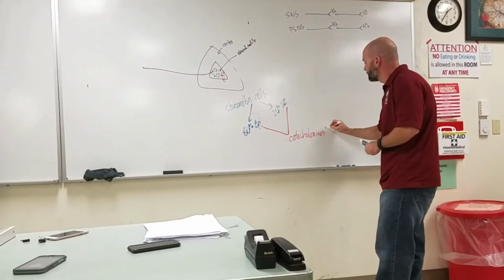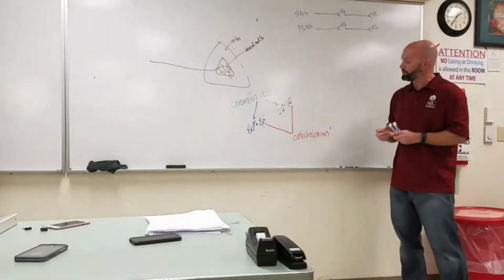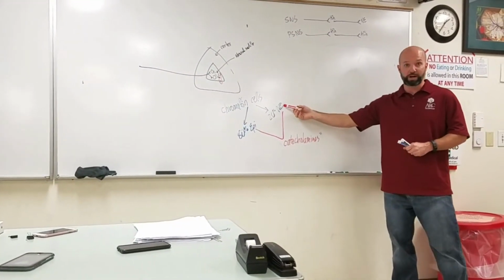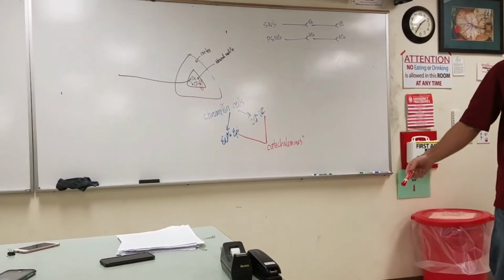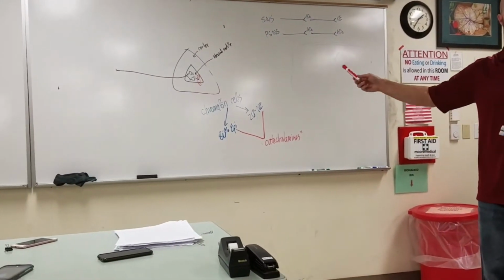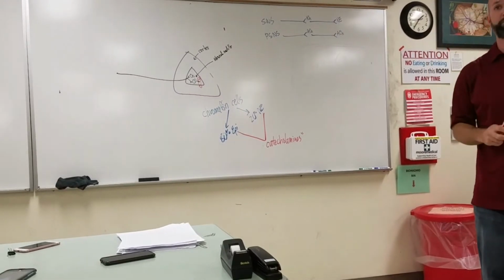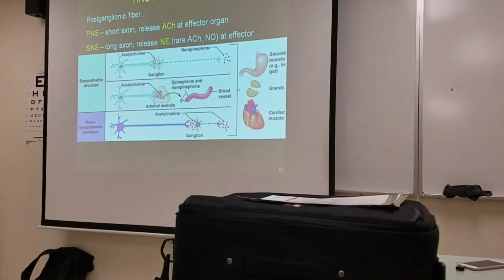Catecholamines. And as a group, going back to chapter 11, we categorized norepi and epi and dopamine as biogenic amines. Yes, they are catecholamines, but they fall under the umbrella heading of biogenic amines. On the board, they're pretty much showing you right here.